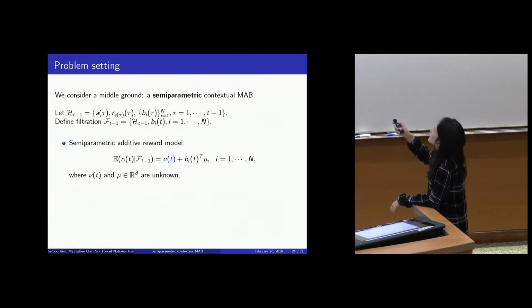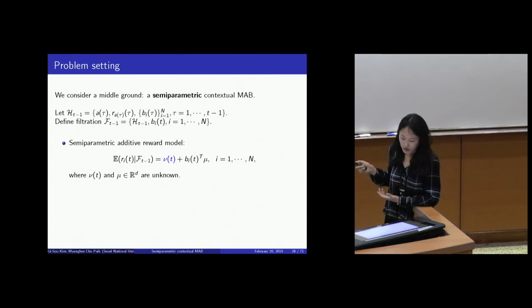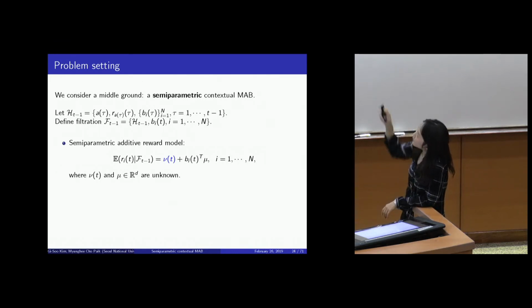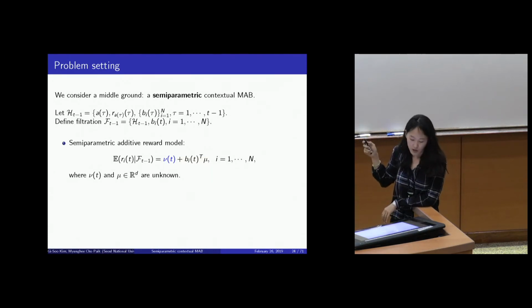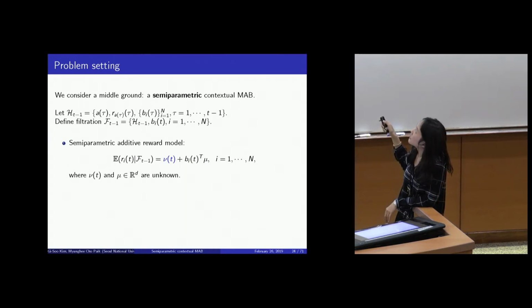So the semi-parametric model assumes that we define the history until time t minus 1 as before as H_{t-1}, and we define the filtration as the union of the history and the current context.